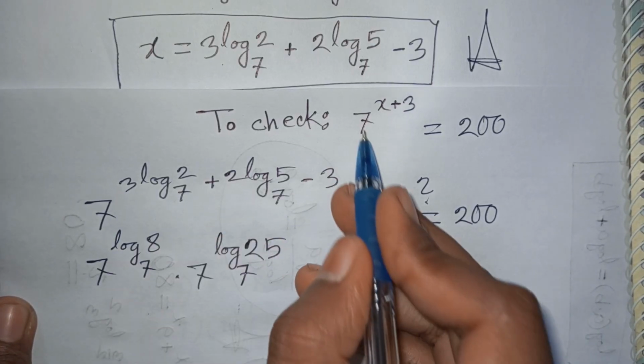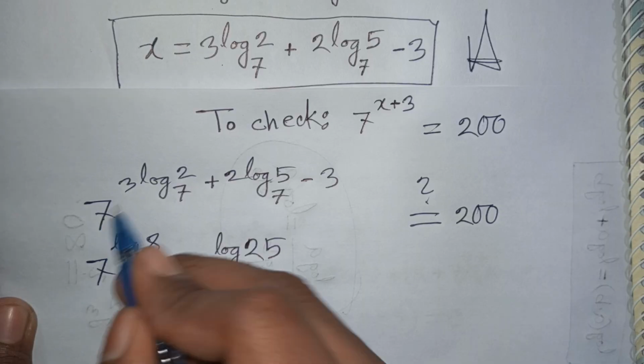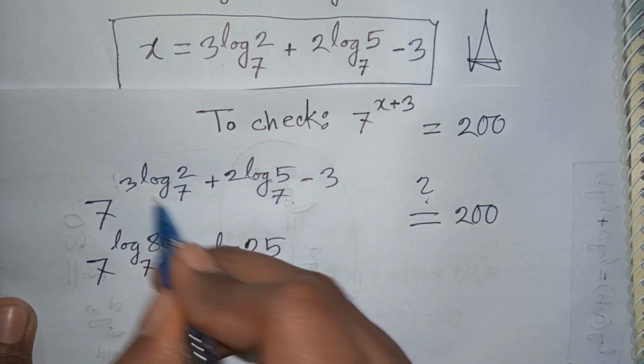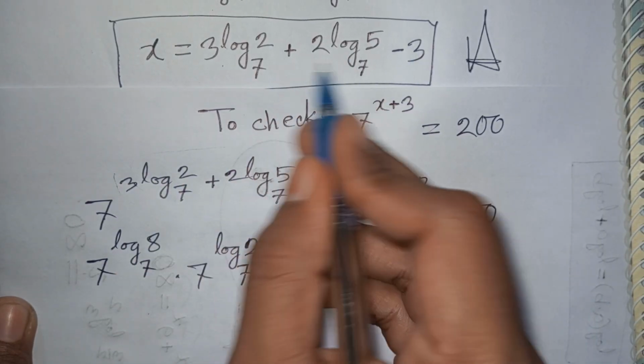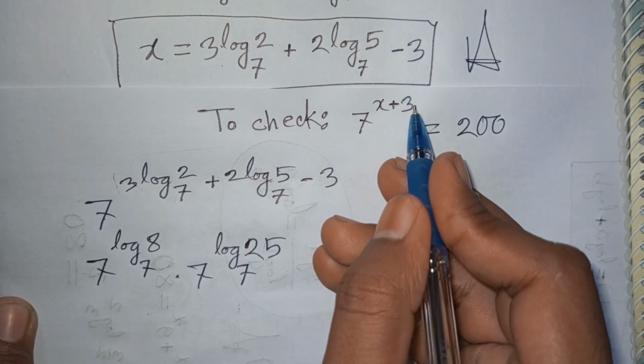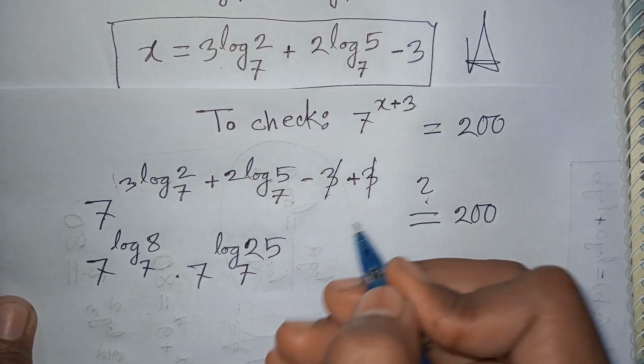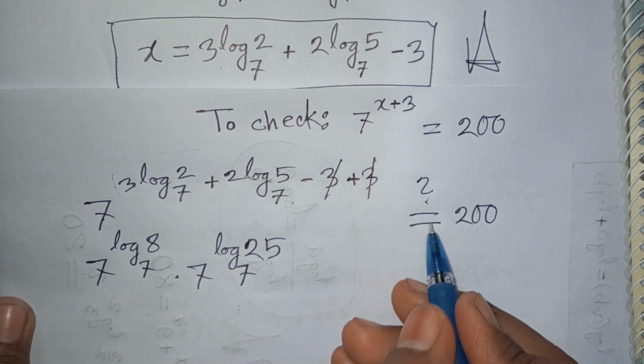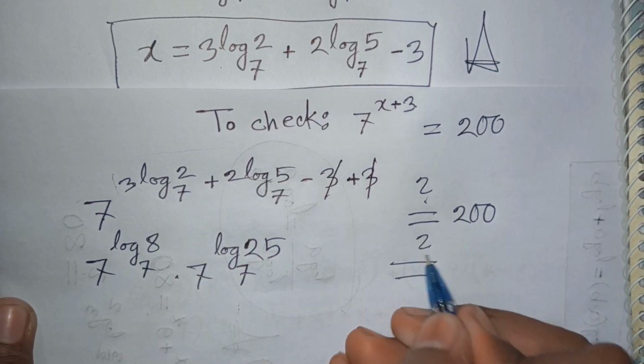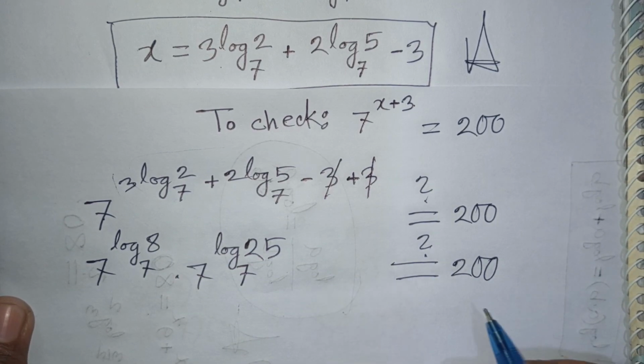Here 7 power x, that means 7 power the value of x, then here plus 3, so this minus 3 and this plus 3 will be cancelled. Then is it equal to 200?